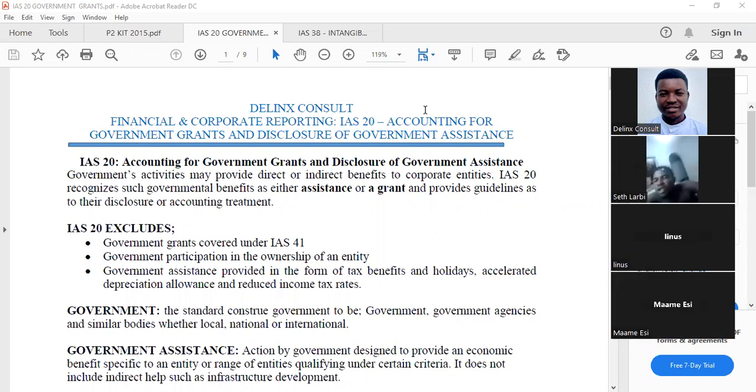For you to know how to account for government grants, you first have to understand the difference between grants and donations. So without wasting much time, what is the difference between grants and donations?